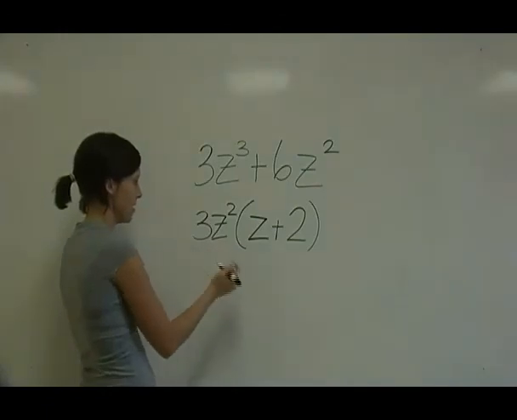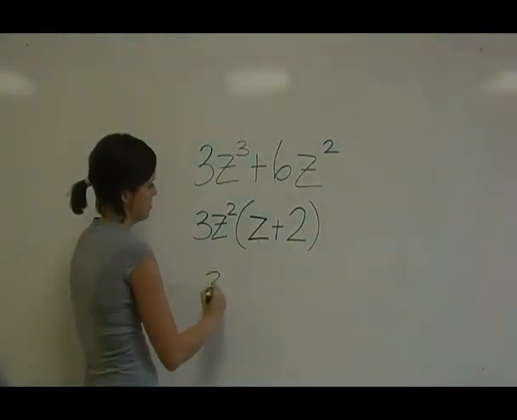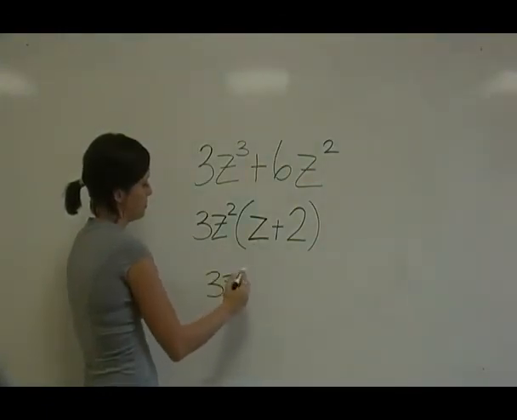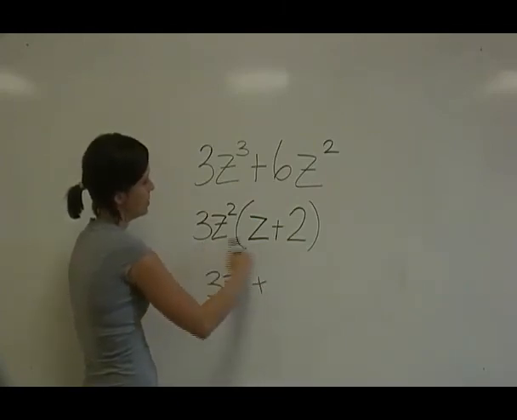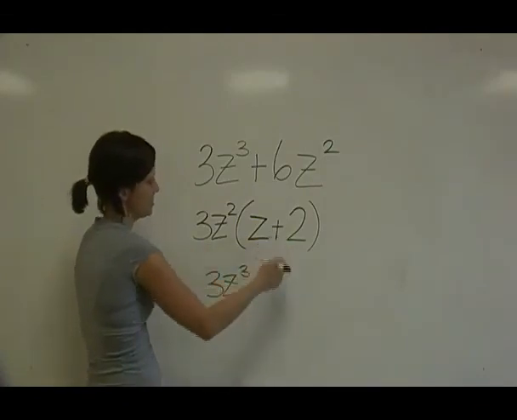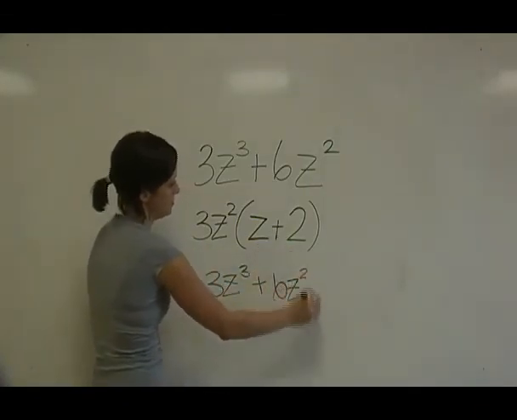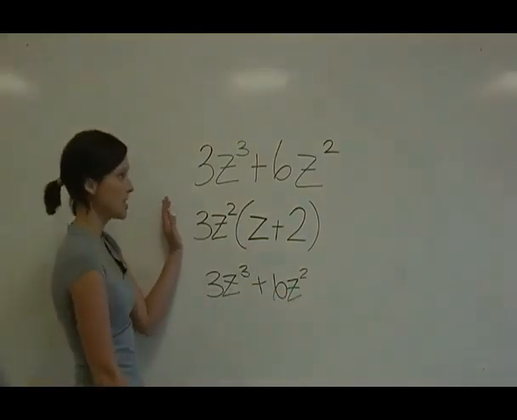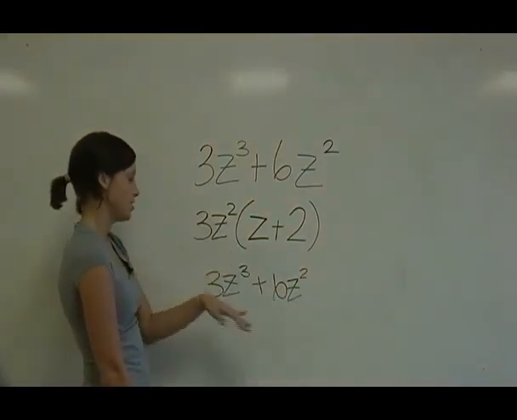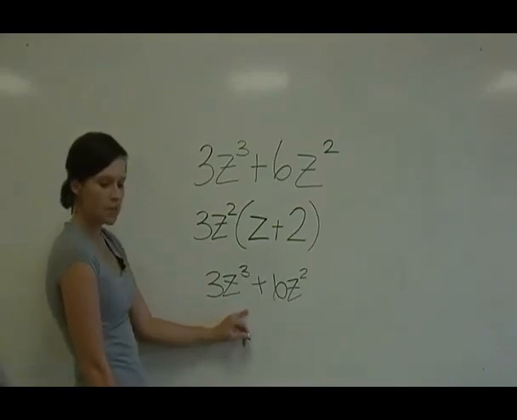So we have 3z squared times z. You add the exponents, so 3z cubed. Then you have plus 3z squared times 2, which is 6z squared. So all you're doing is finding the greatest common factor and simplifying, and you can check your work if you have time.